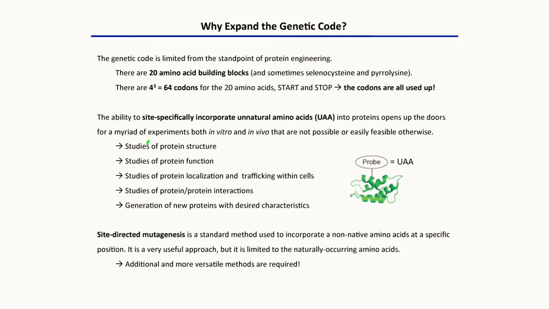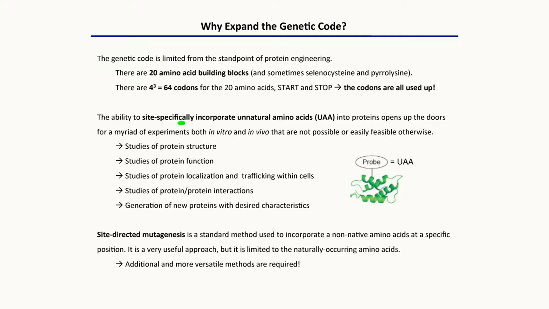So maybe we'd like to study protein structure. Fluorine is used in NMR quite a bit. Imagine if you could site-specifically label an unnatural amino acid that has a CF3 group, for example, and use that in your NMR studies. That's something you'll get to think about in the context of problem set 2.